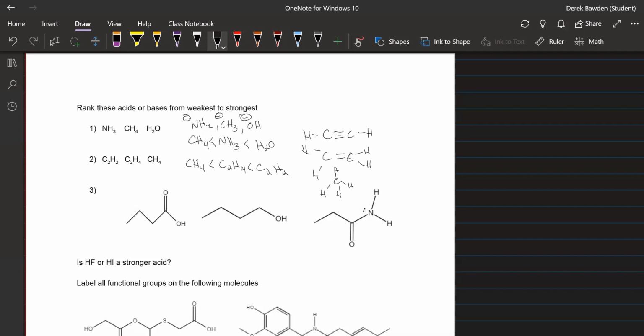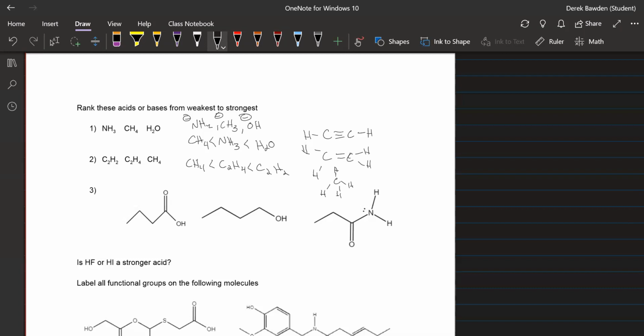So the strongest one, we've talked about this in the past, is going to be the carbon triple bond, because if it was to lose the proton, that triple bond is very strong. It's stable, and so that's going to be the most stable. So we got that exactly right. The triple bond is going to be most stable, then our double, then our single bonds.